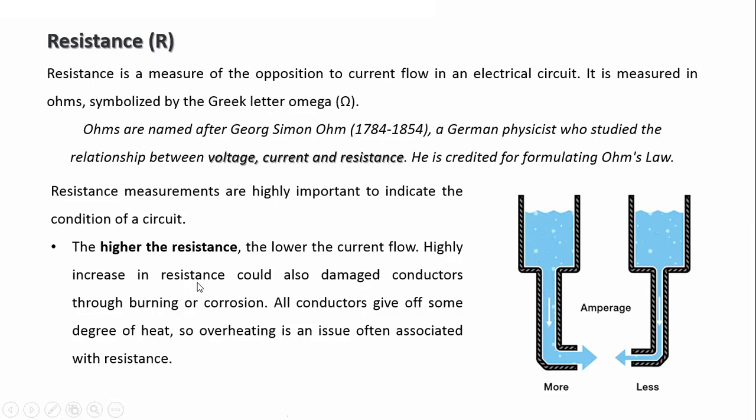A high increase in resistance could also damage conductors through burning or corrosion. The more the resistance, the more the metal heats up, and the more are the chances of burning up or corrosion of that material.